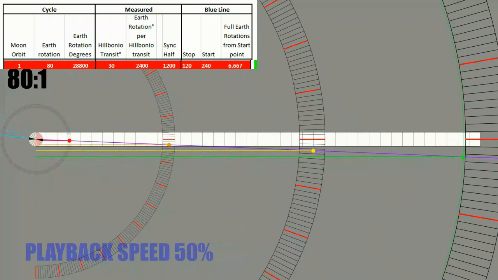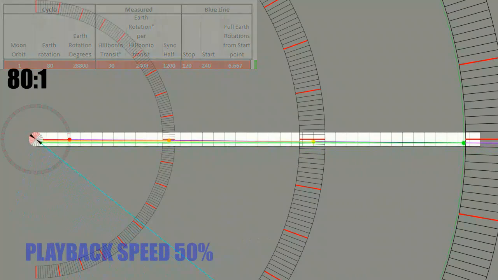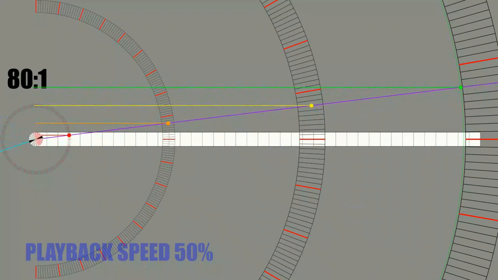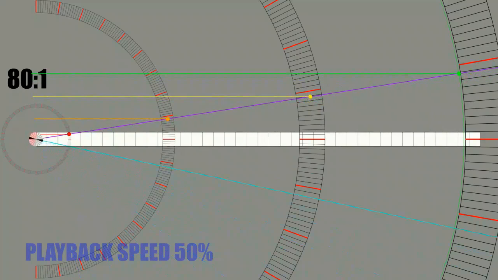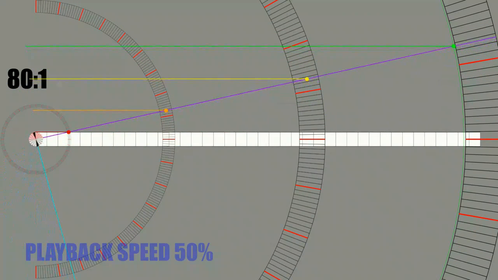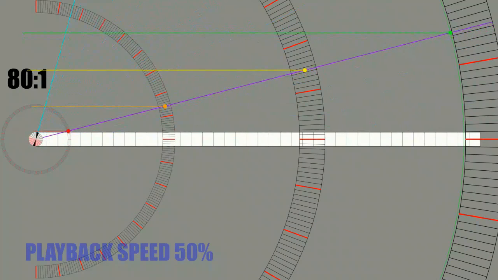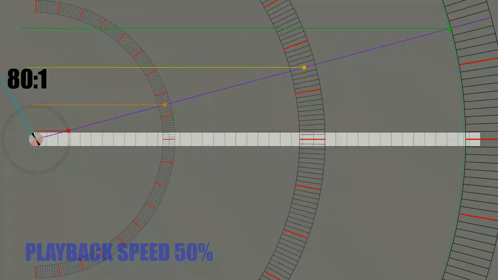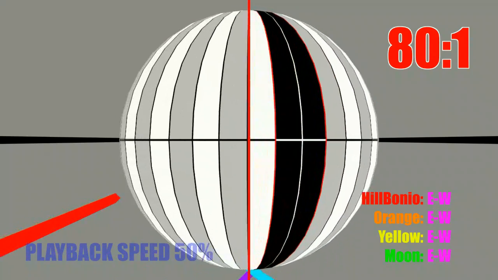East to west, east to west, east to west, not west to east. One day, 28 days. One day, 28 days. One day, 28 days. East to west, One day, 28 days. One day, 28 days. One day, 28 days. east to west, One day, 28 days.